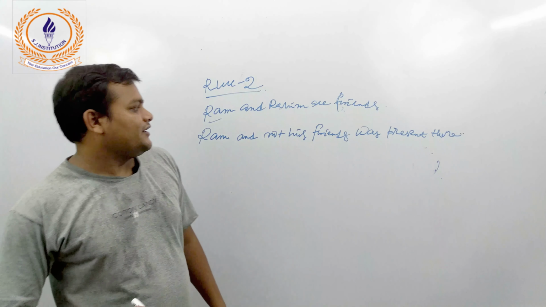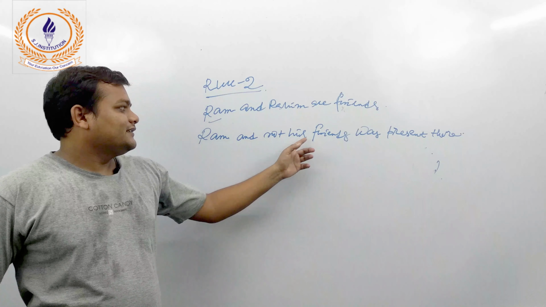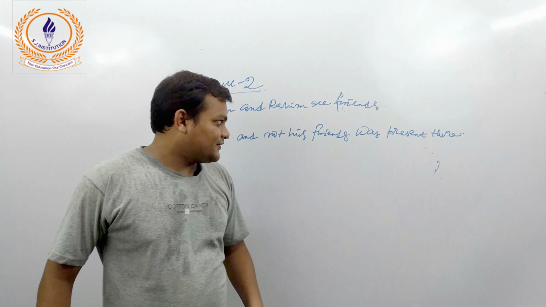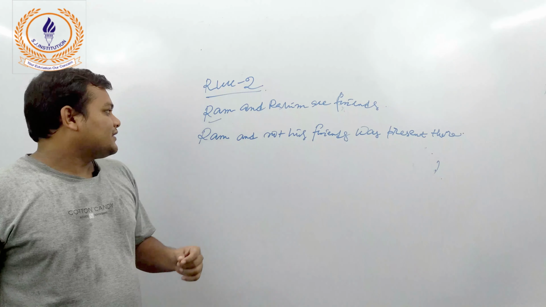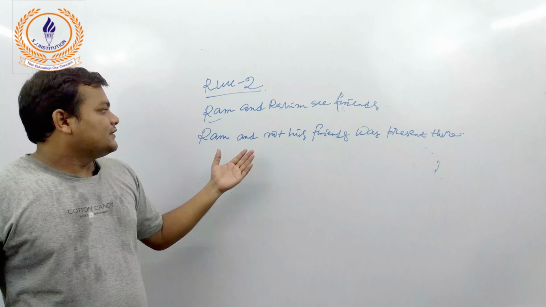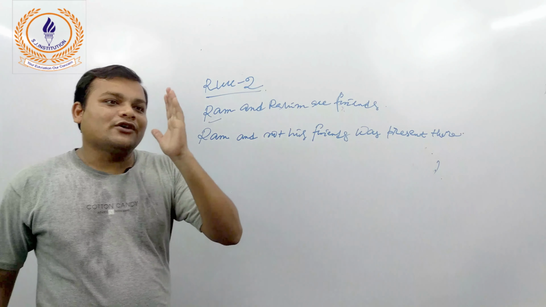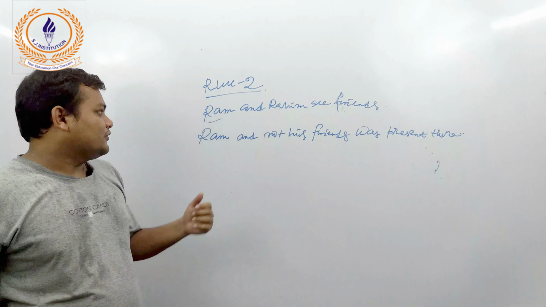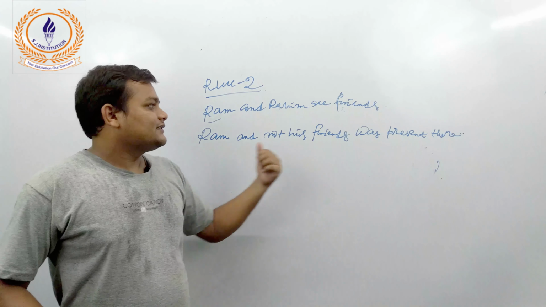So you cannot determine a verb just seeing the noun friends. You must look at the noun Ram, that is the first noun. So in this case, when two nouns are joined by as well as, and not, in addition to, besides, including, the verb must be governed by the first noun, that is Ram, singular subject, singular verb.